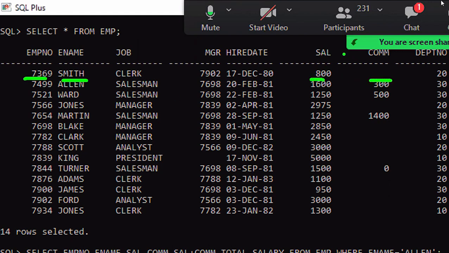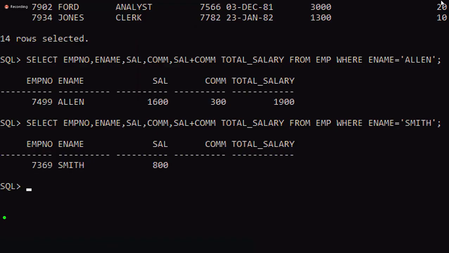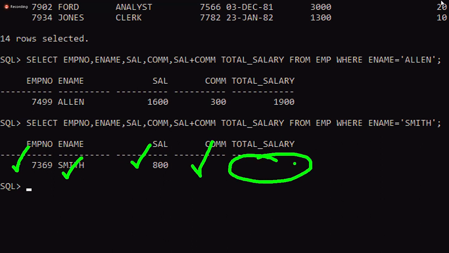But I'm asking salary plus commission, so 800 plus null is equal to, again, what was written? Number as per your table, name as per your table, salary as per your table, commission as per your table. Then salary plus commission, what is it here? Null.